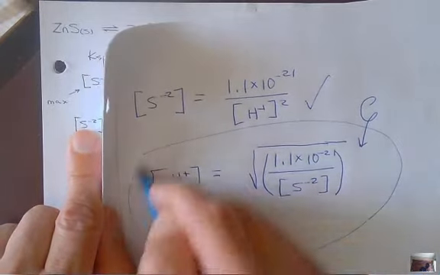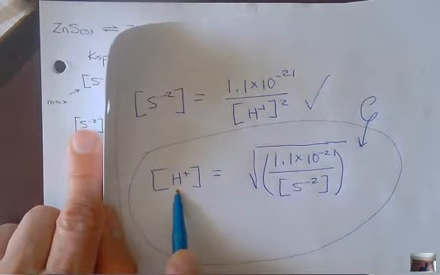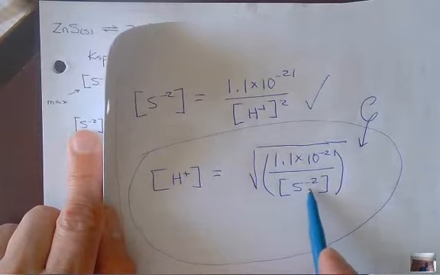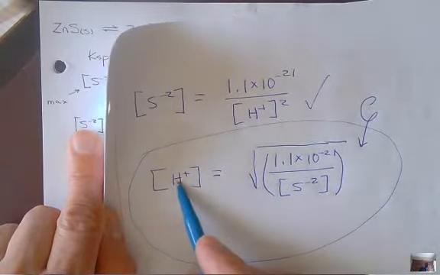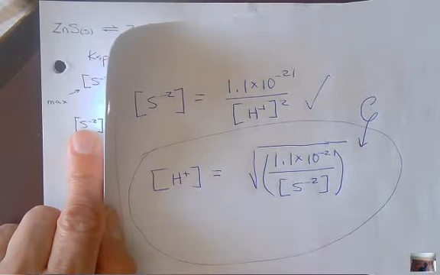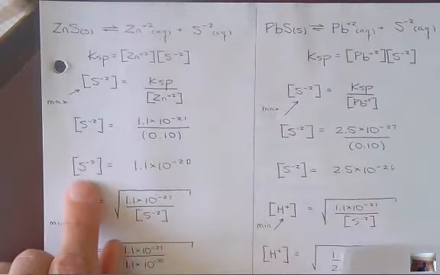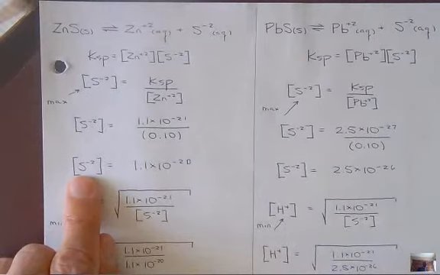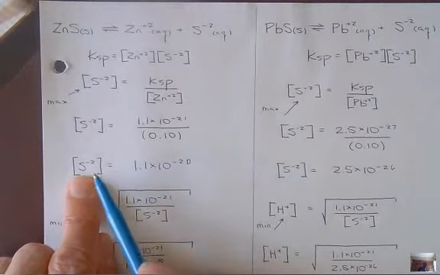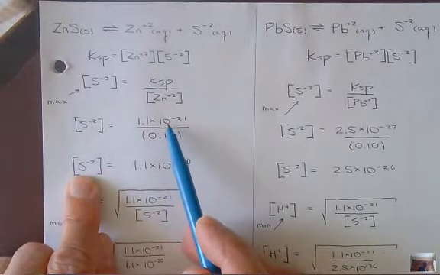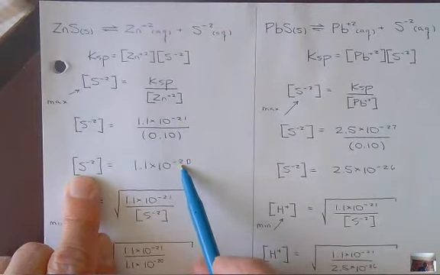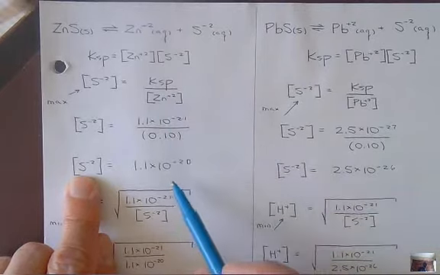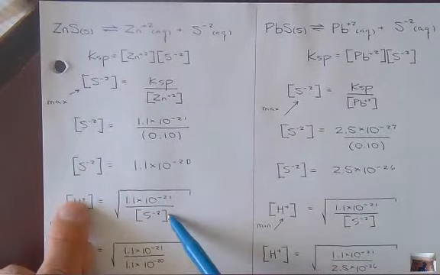The question is, what pH will deliver that amount of S2-? I solve this for the hydrogen ion concentration. So my S2- is going to be 1.1 times 10 to the minus 21st divided by my 0.1. Now I solve.